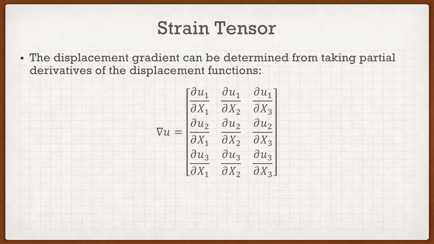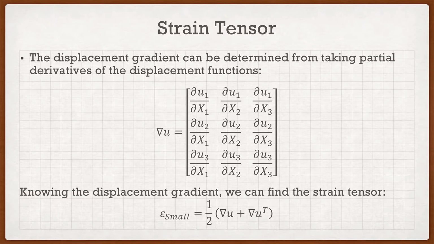Now, luckily for us in our question, we only have u1 and u2. There is no displacement function u3. Therefore, we only have to take the partial derivative 4 times instead of the 9 times as shown in the formula. But since we're doing it in Mathematica anyways, it doesn't really matter too much. Now, if we have this nabla u, or this displacement gradient, then we can find something called the strain tensor, which is again what we want.